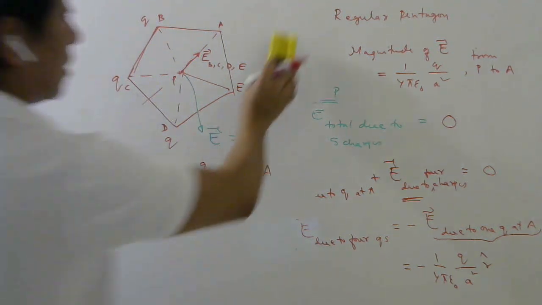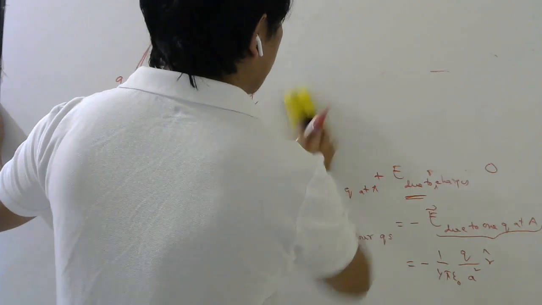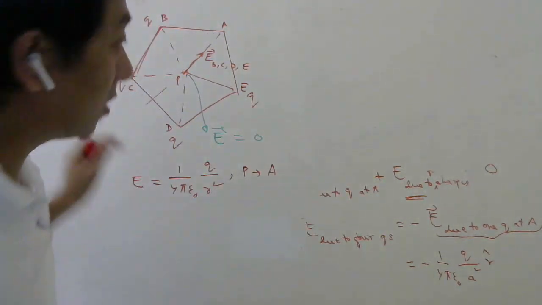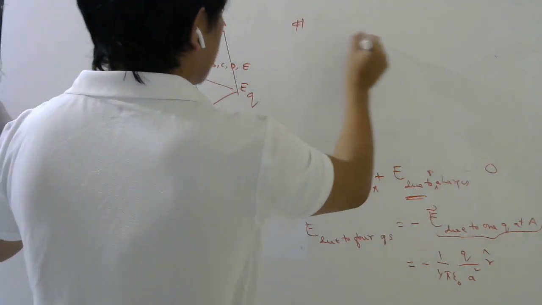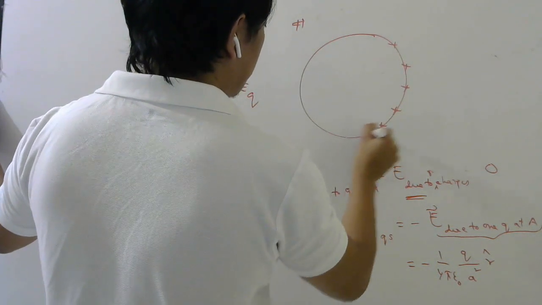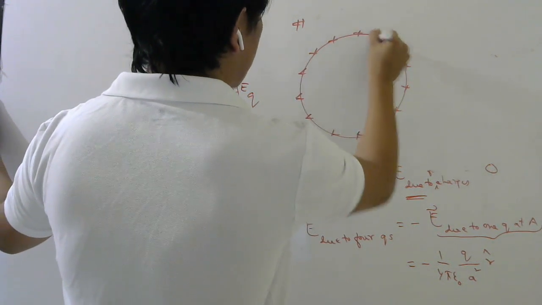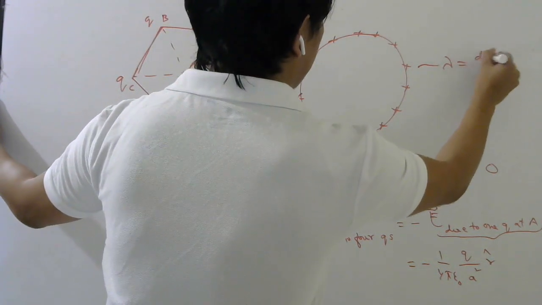So having understood this, next suppose I give you another question. Suppose I give you a ring of charge, uniformly distributed, so lambda is dq by dl.